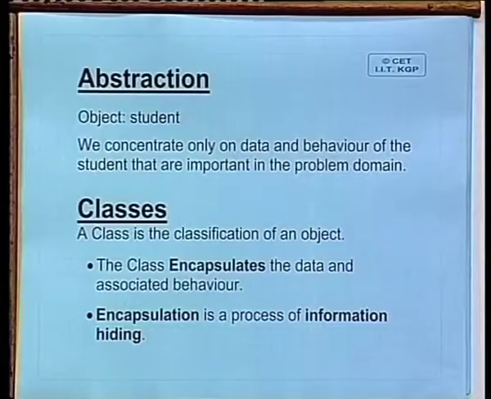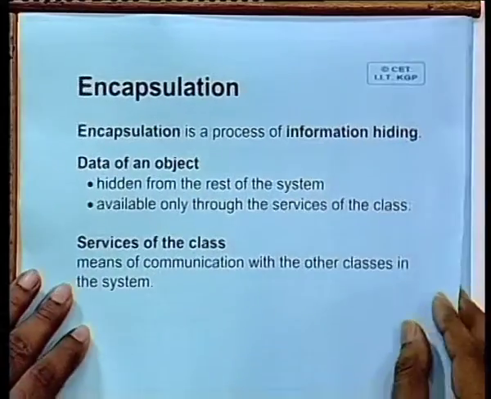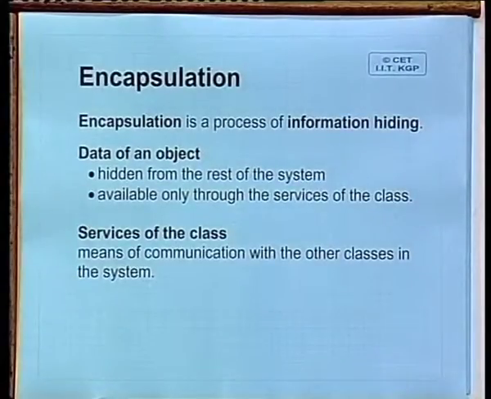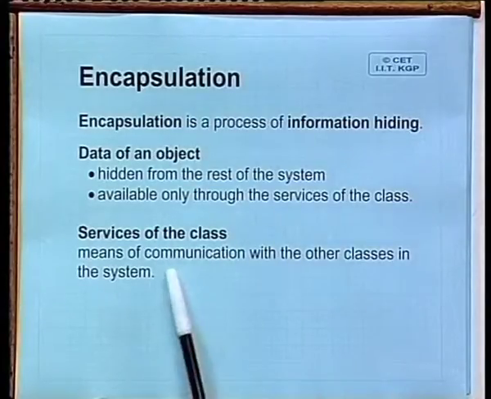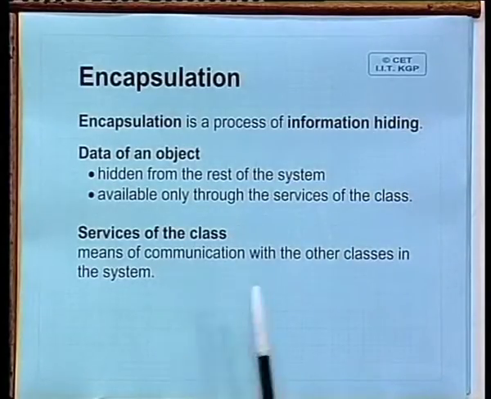So, encapsulation is a process of information hiding. You are basically hiding the information. The data of an object is hidden from the rest of the system and available only through the services of the class. The services of the class are the means of communication with other classes in the system.